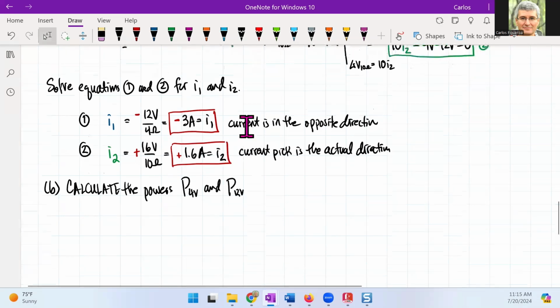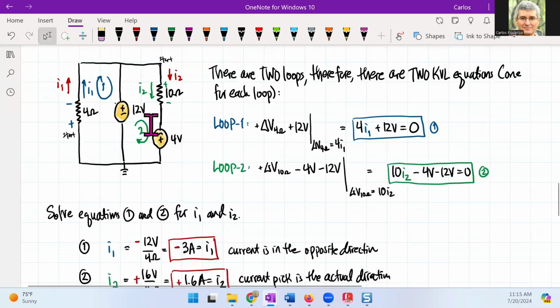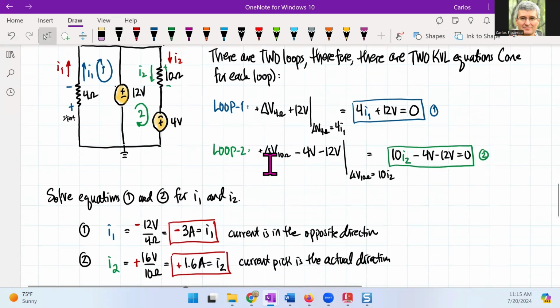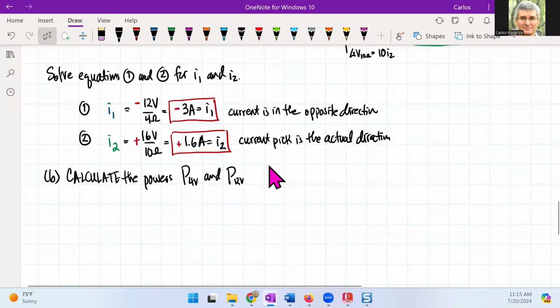So I'm going to look at this circuit here. We have the 4-volt, and we know the direction of I2. So let's focus on the power of the 4-volt source.